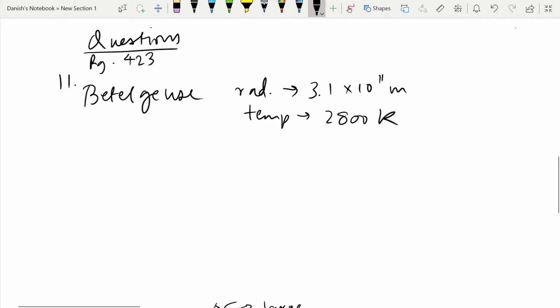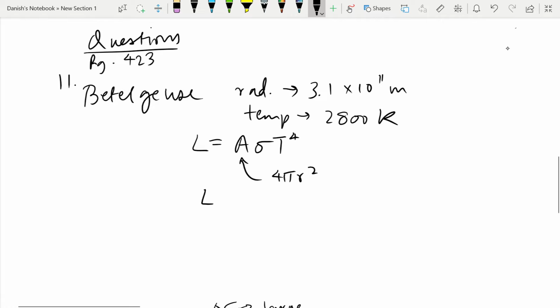Now remember, I mentioned that this particular equation will help us out a lot. Let's see it. Now we don't have the area, but we know that the area of a sphere, which a star is essentially, is 4 pi r squared.